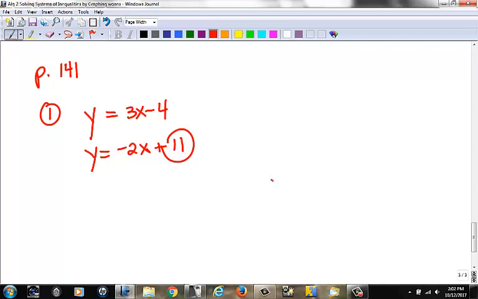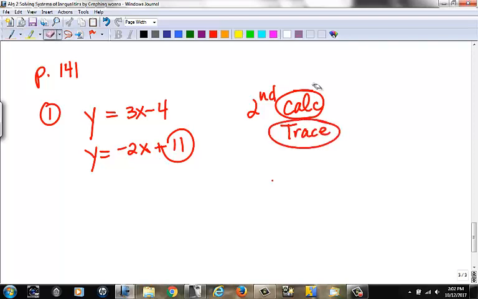So basically you put in both equations. You have to get them to y equals. Then what did we do? Second function calculate, intersect, number 5. So you need to do enough notes. Second function calculate is above which key? Trace. If it's a key, I usually circle it, so this probably should not be circled.